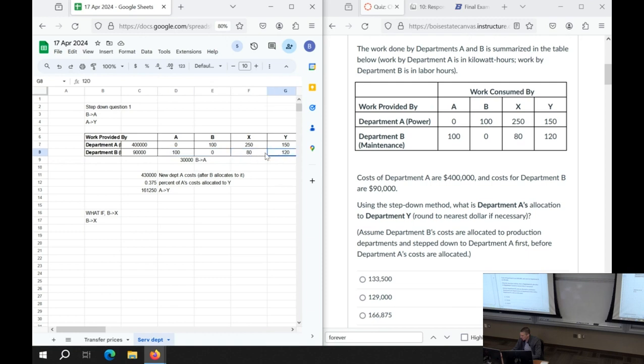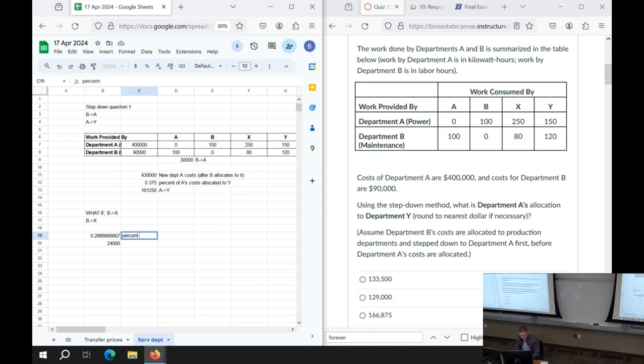So 80 over, it'll be 400 in total. 80 divided by the sum of these will be 80 over 400, which is 27% it rounds to. And we can multiply the 90,000 here by this, and we get $24,000 going to X.